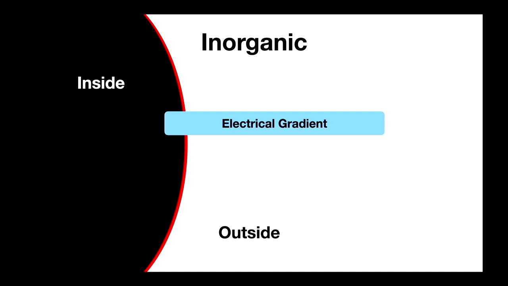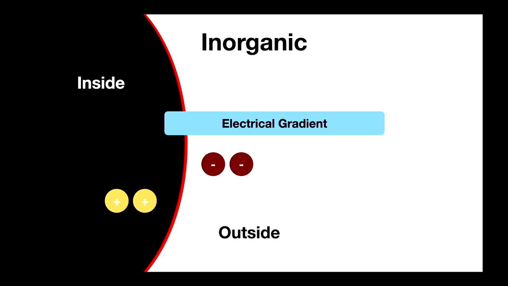This has to do with the electrical charges on particles and ions. So let's just say that we had two negatively charged particles on the outside, and we have two positive charges.